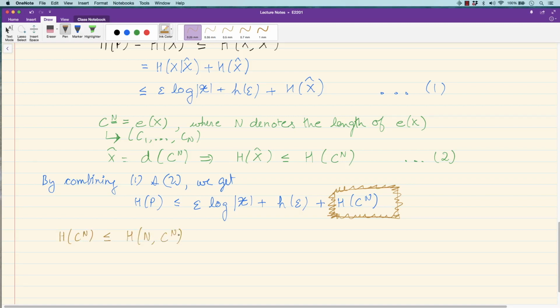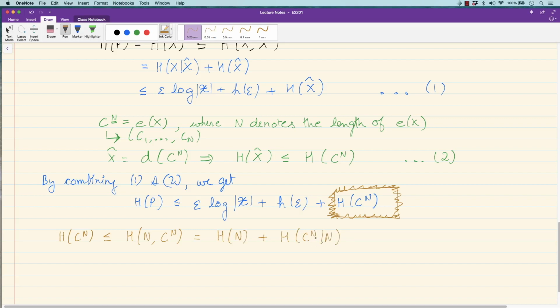Remember, n is also a random variable. It's the length of the random code word. Because x is random, e of x is random, and therefore the length of that code word is also random. So this is equal to entropy of n plus entropy of Cn given n.